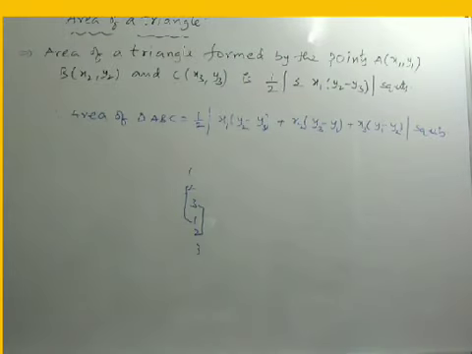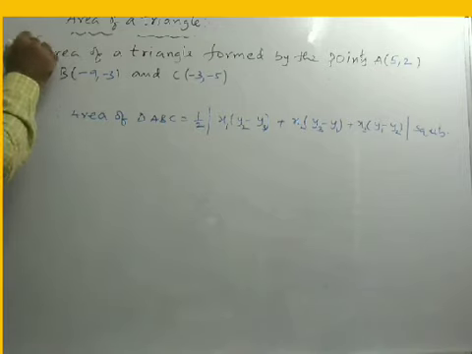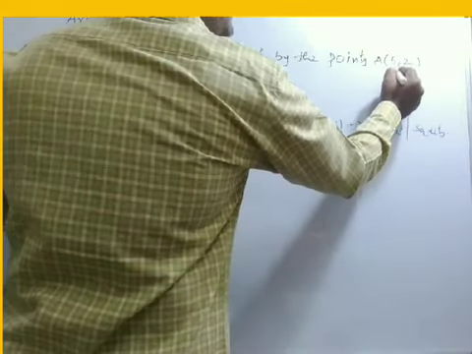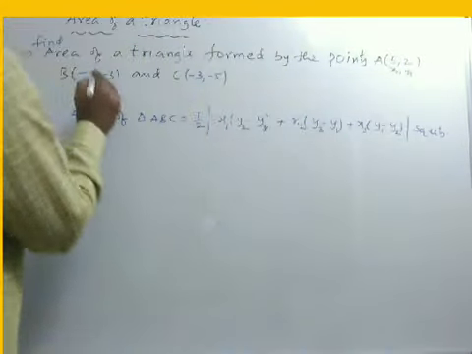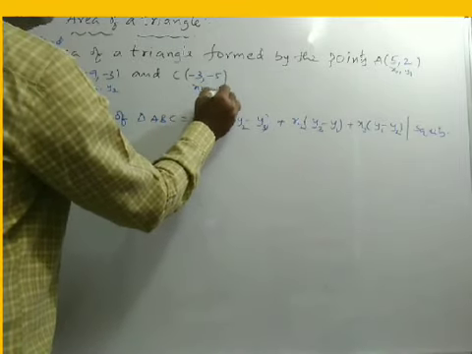Okay, let us solve one problem. Find the area of a triangle formed by the points capital A 5, 2, capital B minus 9, minus 3 and capital C minus 3, minus 5. First of all, the first point you can assume as x1, y1, the second point is always x2, y2, followed by the third one x3, y3.